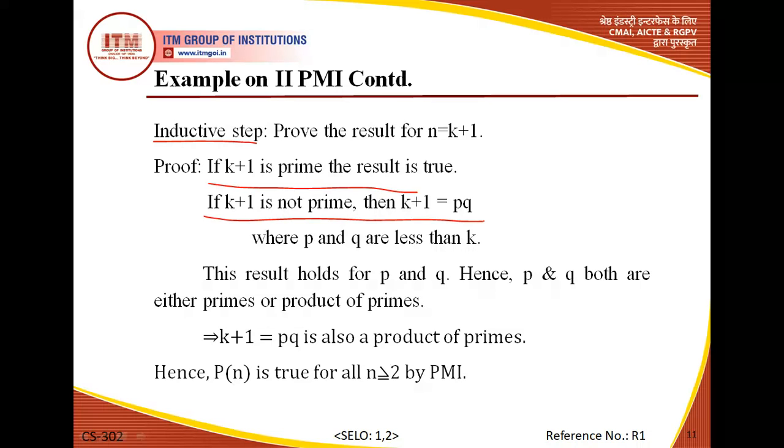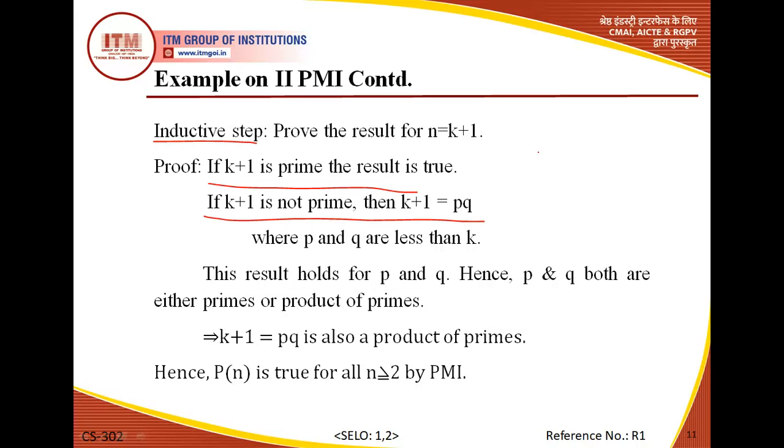Basically, what is a composite number? It is a number which is divisible by at least three numbers, leaving aside one and the number itself. So if k plus 1 is not prime, then obviously k plus 1 can be written as the product of at least two numbers.